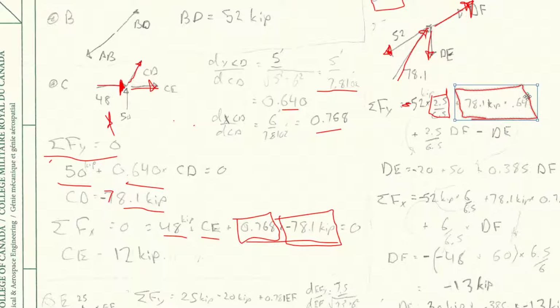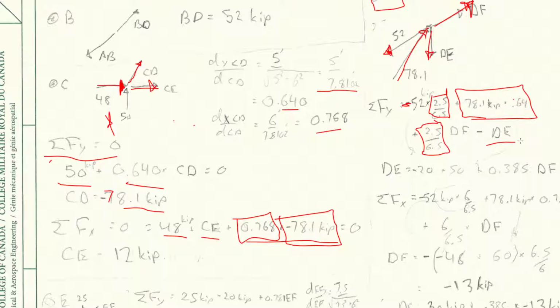So the 78 times its y component unit vector, and then we've also added to it the DF times its unit vector y component, which is the same as the multiplier for BD, because they're acting at the same angle, and then just minus DE. Its unit vector y component there is just 1, or, well, negative 1.